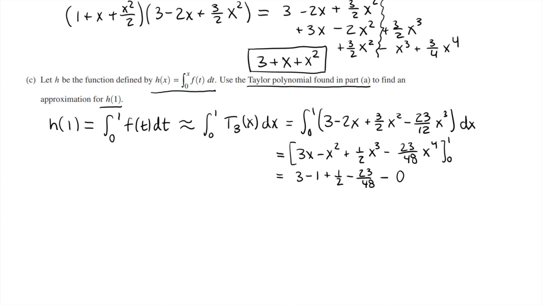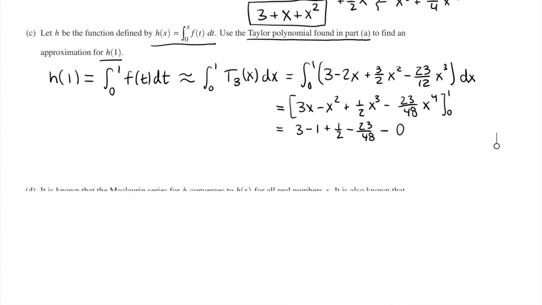Okay, and then if we want to simplify this, I suppose we're going to need it in terms of 48ths. So let's see. Well, first let's simplify some of the other numbers first. So 3 minus 1 is 2. And 2 plus 1/2 is 2 1/2, which is 5/2.